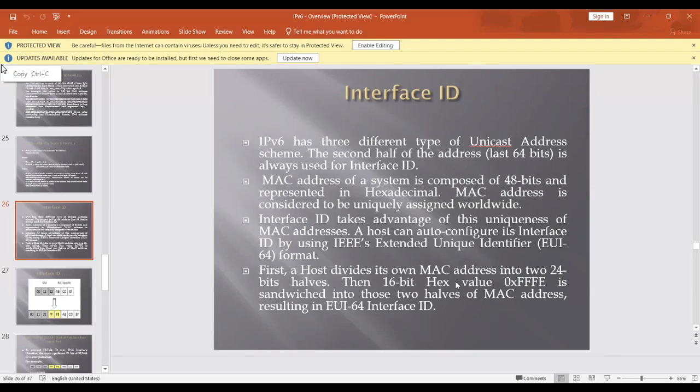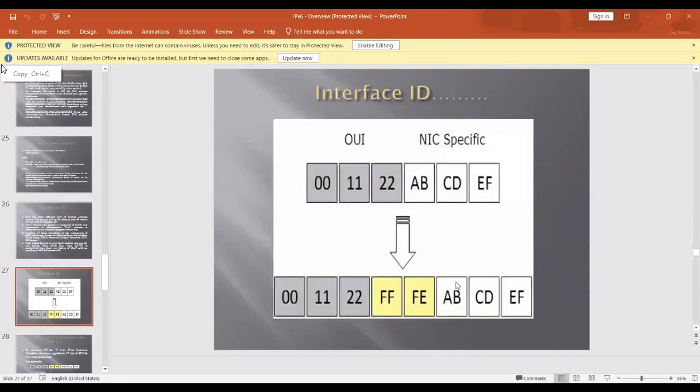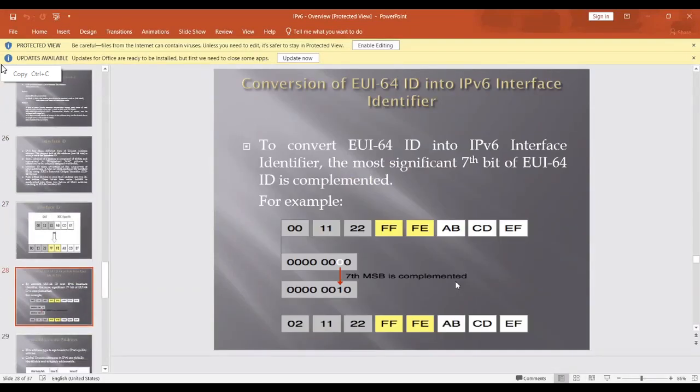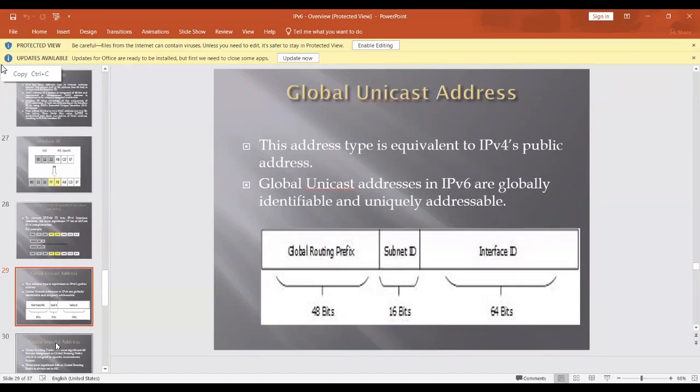So if somebody asks what is an extended unique identifier, now you can explain how it has become an extended unique identifier. It depends on the MAC address, right? So this is in detail. If you're interested, you can go for that.